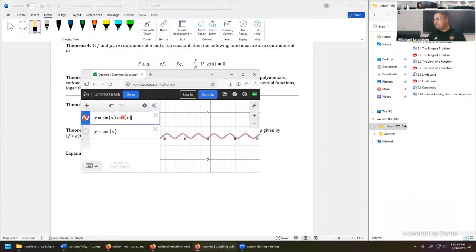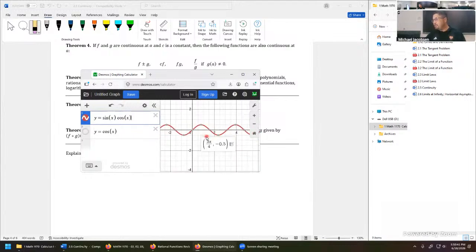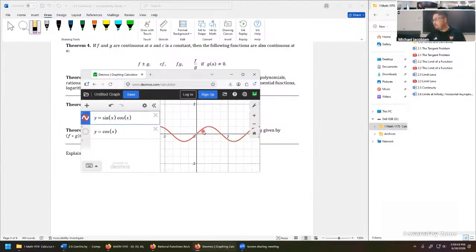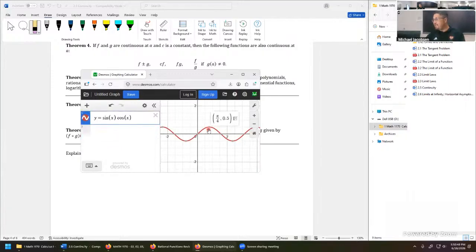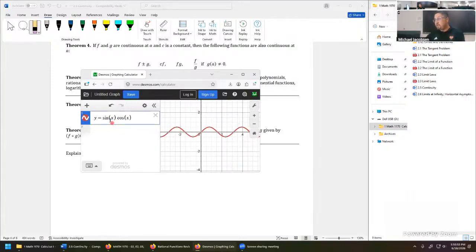Sine x times cosine x. That's the new function. Yeah, that's sine x times cosine x. The amplitude is just the same. The period has changed. If you're thinking about trigonometric identities, then this one just becomes a sine function itself. But yes, it's absolutely still continuous.